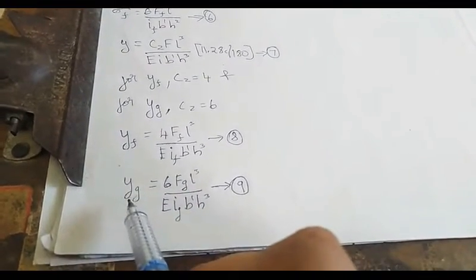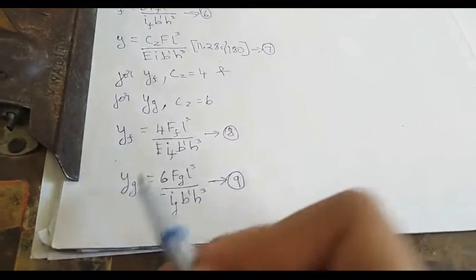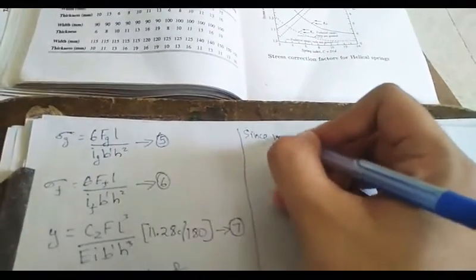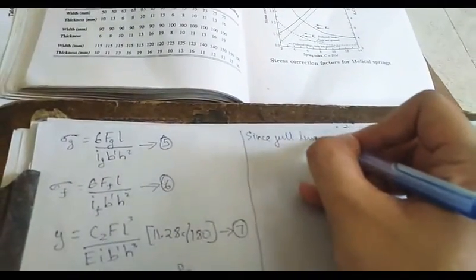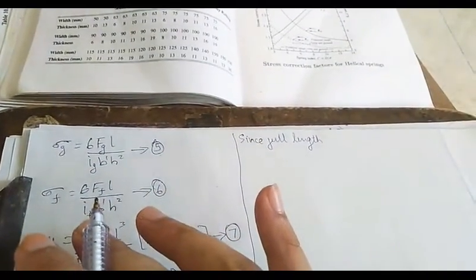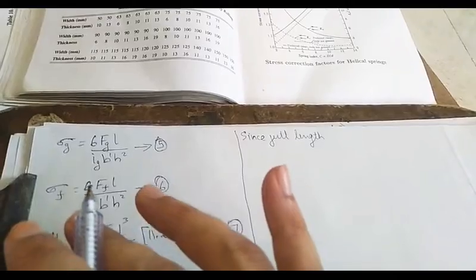YF, YG. Since full length and graduated leaves are clamped together, the deflection generated in full length leaves will be equal to the deflection in graduated leaves.